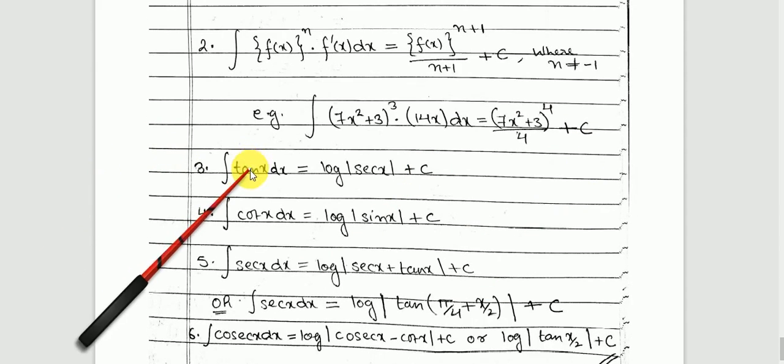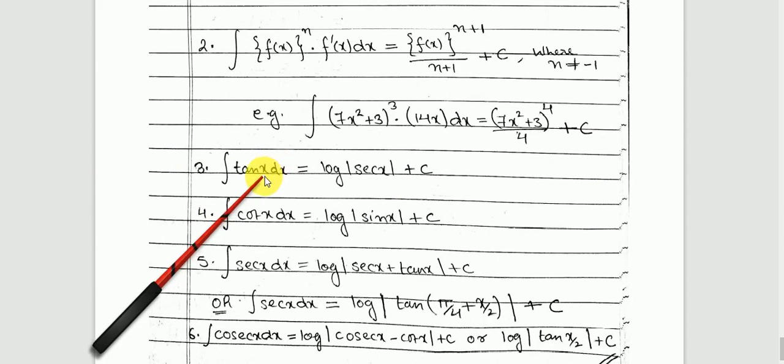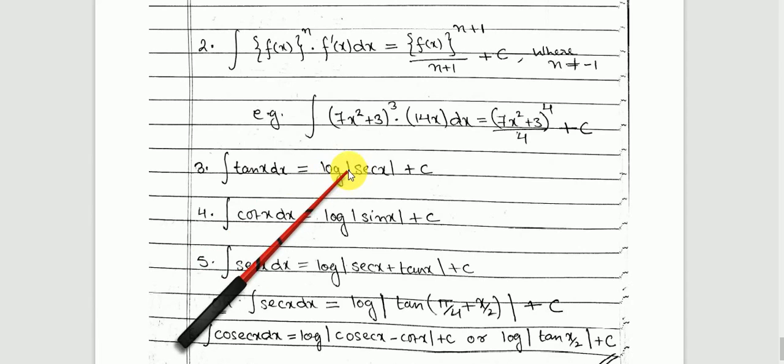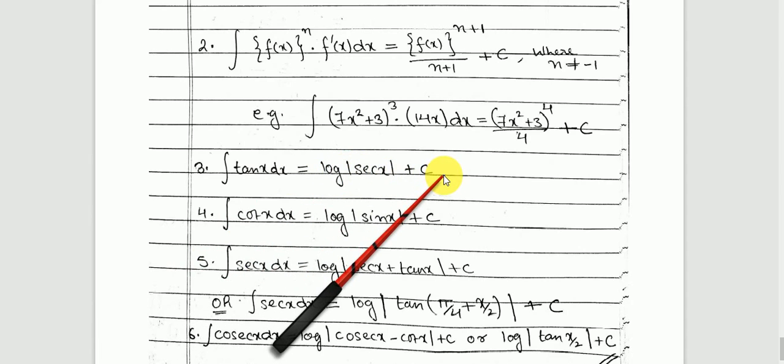Next is integration of tan x. Integration of tan x is log mod sec x plus c, where c is the constant of integration. Integration of cot x is log mod sin x plus c. Integration of sec x is log mod sec x plus tan x plus c, or log mod tan of pi by 4 plus x by 2 plus c.